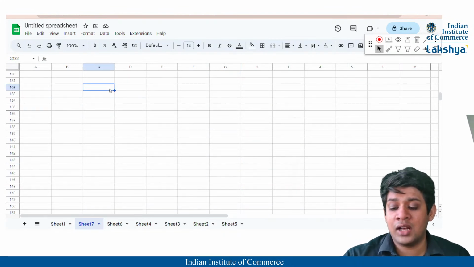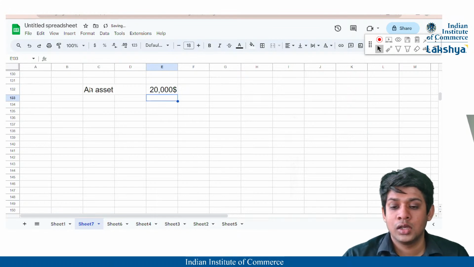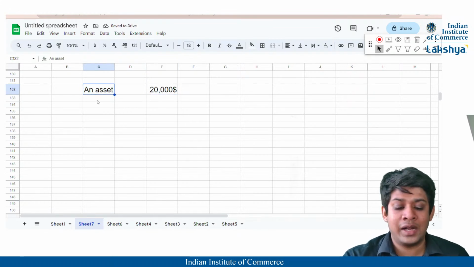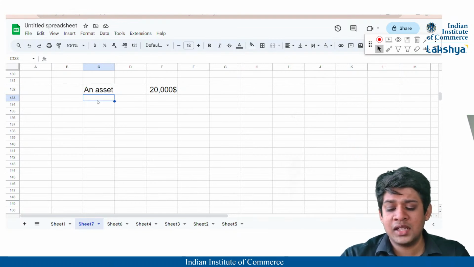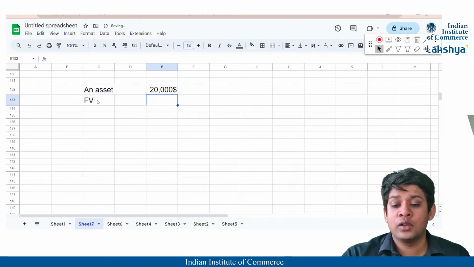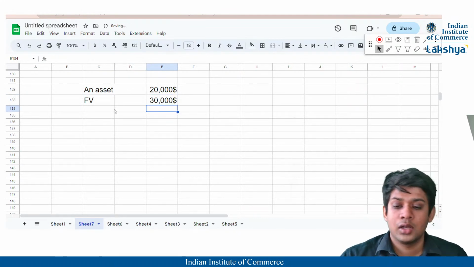Now maybe say I have an asset which had a cost of $20,000. Now, maybe say the fair value of that same asset in the market was $30,000.